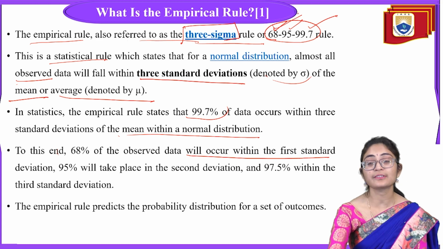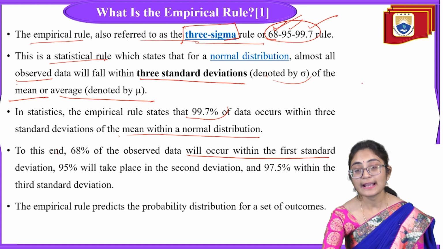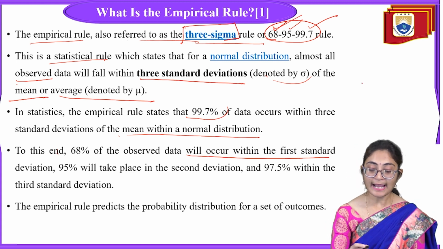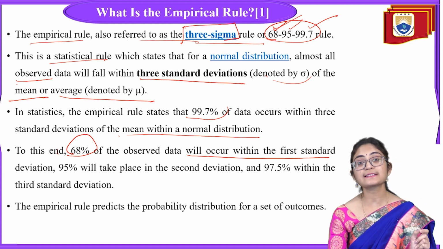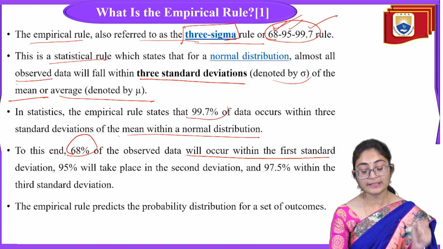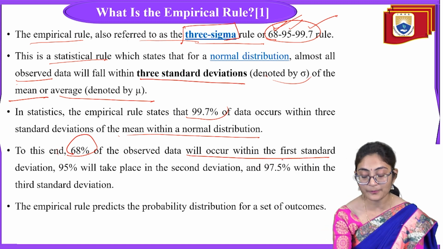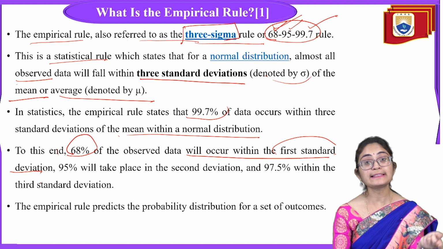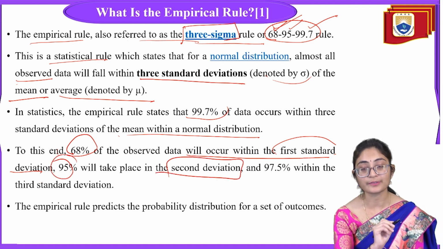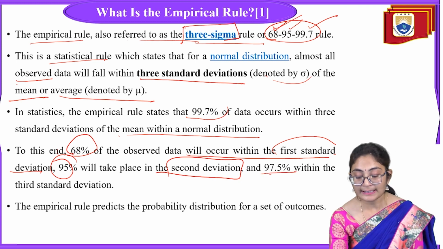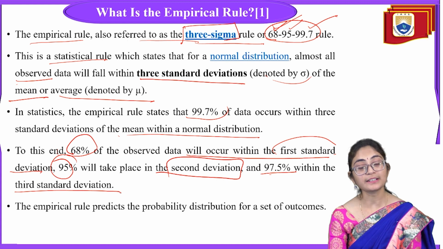these are our 3 sigma: 68, 95 and 99.7. The 68 represents that your data is available within the first standard deviation. Then 95% will take place within the second deviation, and 99.7% within the third standard deviation.